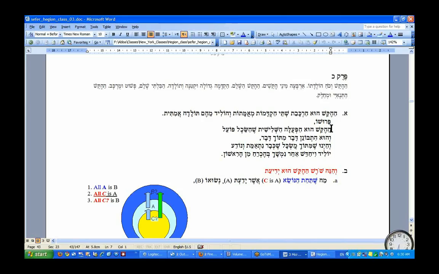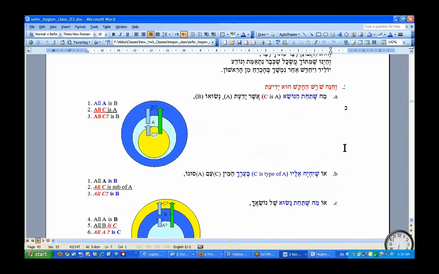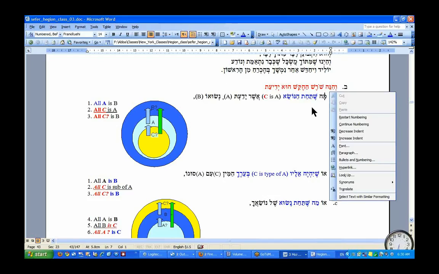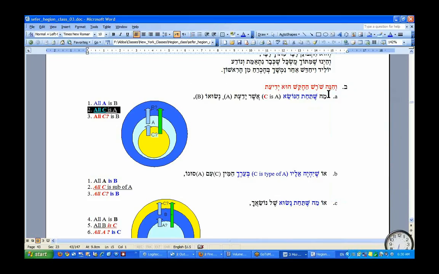Now he's going to tell us what is the foundation of a Hekesh. How does it work? And he says like this: V'hine shorish Hekesh hu yedias ma shetachas hanose asher yadata noso. Now I broke this up; there are going to be three different aspects here. The first is ma shetachas hanose asher yadata noso, something that is included in the nose.